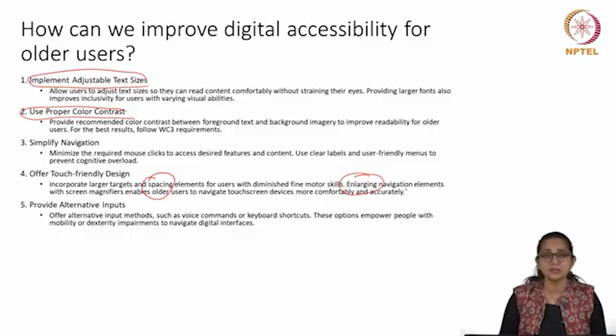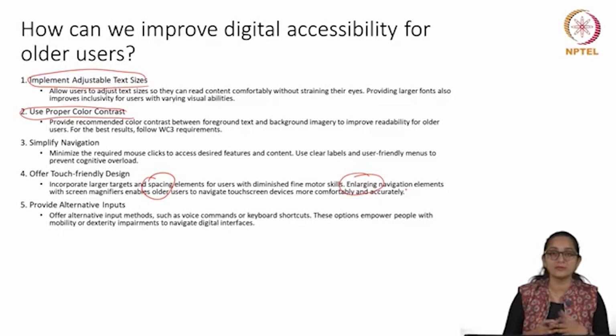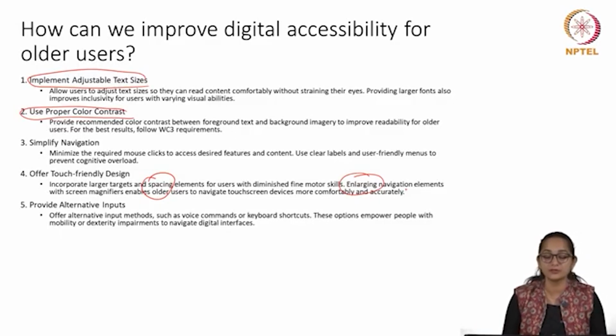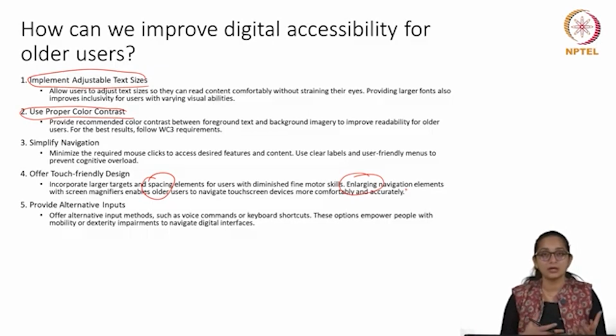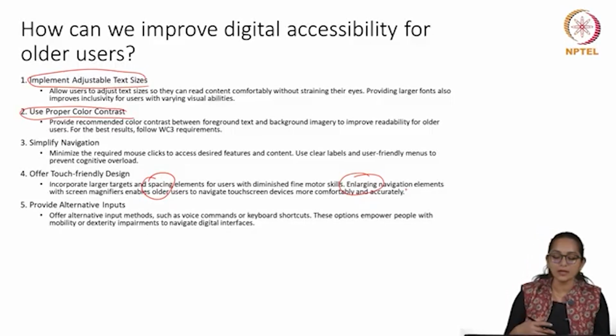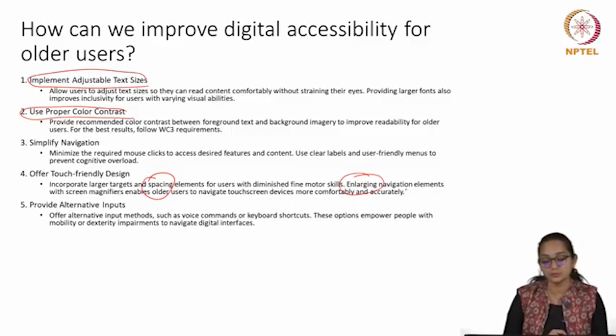In one of the following sessions, we will also talk about the variety of input and output devices which can be utilized and which can cater to a variety of users. And what are the specific aspects which one should keep in mind when incorporating those input output devices.